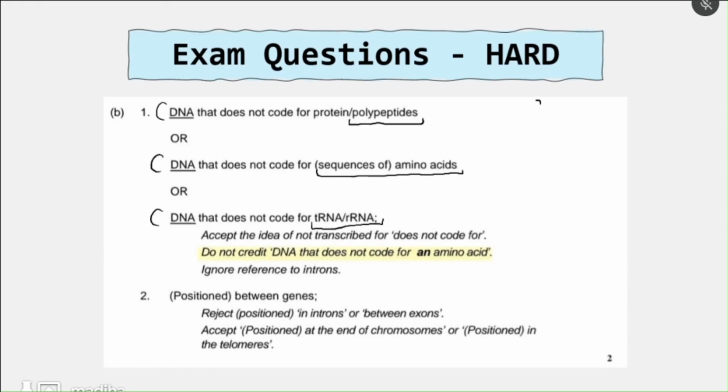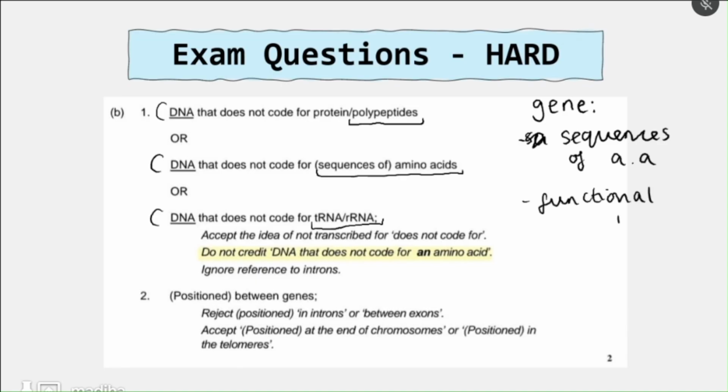Because if you remember, a gene is a DNA-based sequence that codes for sequences of amino acids or functional RNA. Because these non-coding multiple repeats are in between genes, we know that they're not going to do what a gene does. So all of these things.